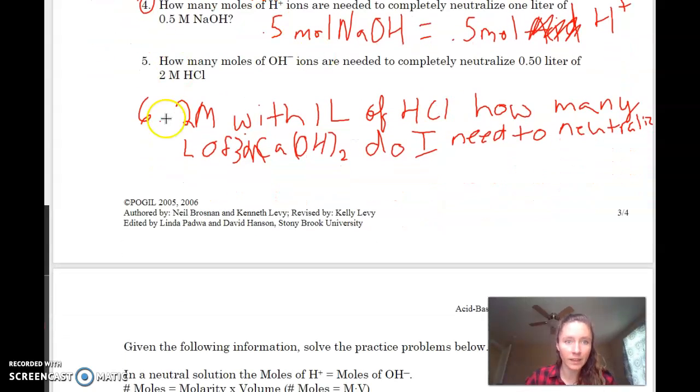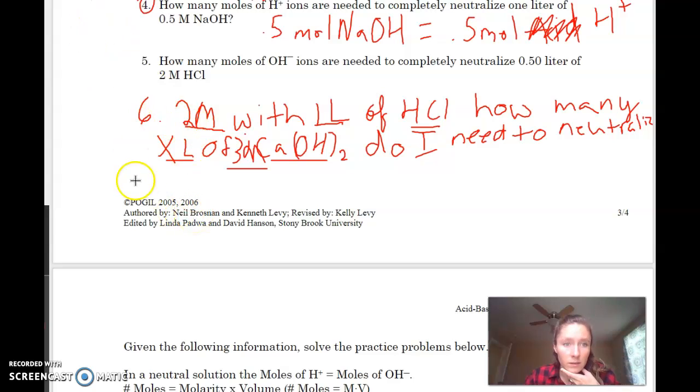Okay, so I have 2 molar acid, and I only have 1 liter of it. And I have 3 molar base, and I'm trying to find out the volume. So we don't know the volume.